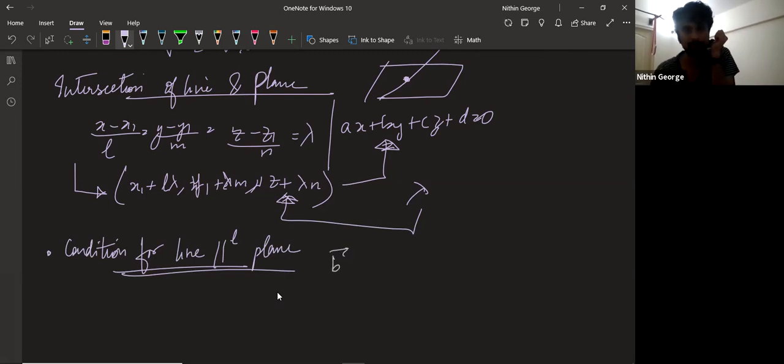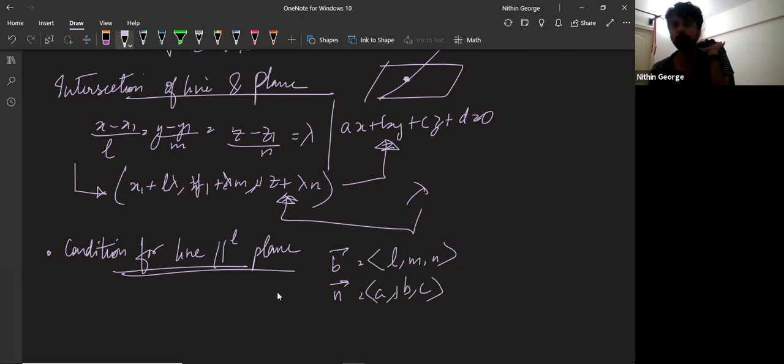Remember, the B vector in this case is given by LMN and the N vector is given by ABC. Condition for a line parallel to the plane. What does that mean? Sine theta should be 0, right?